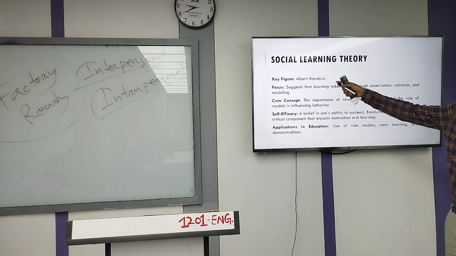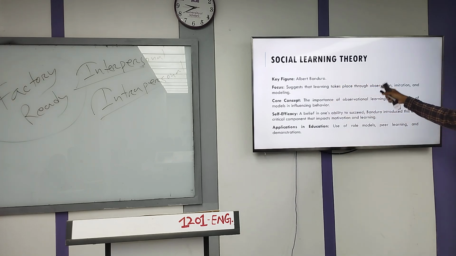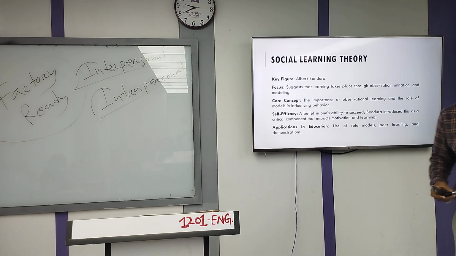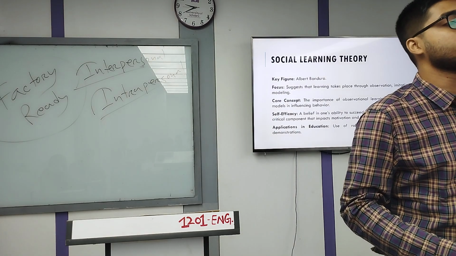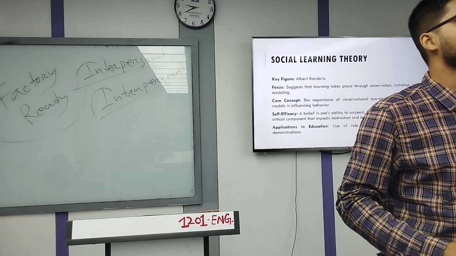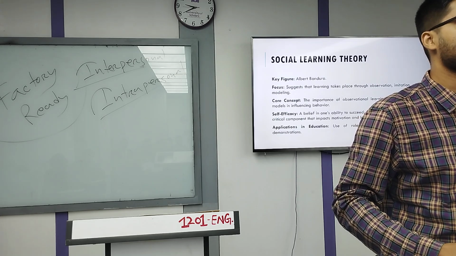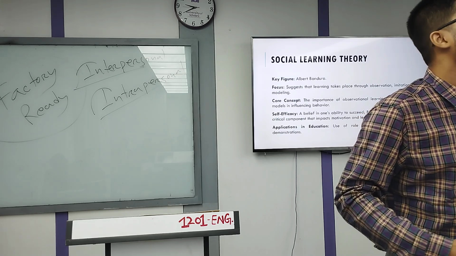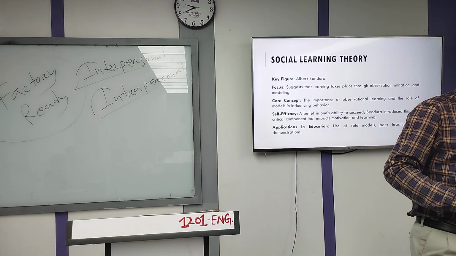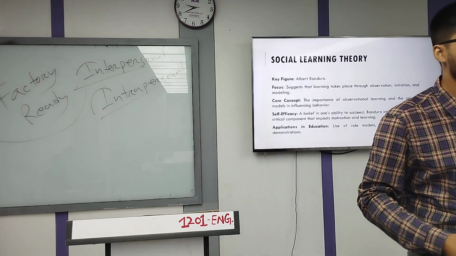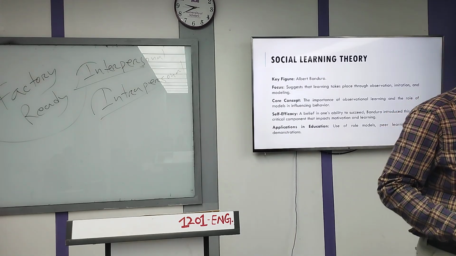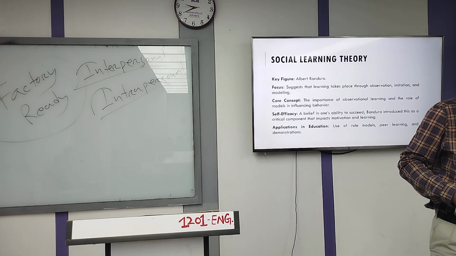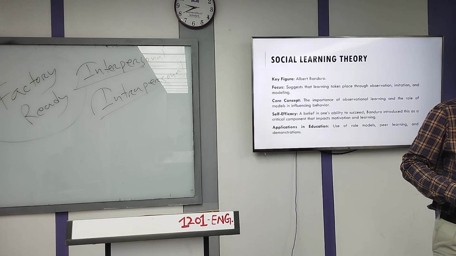Okay, the core concept of social learning theory is the importance of observational learning and the role of models in influencing behavior. So a role model is important. Whichever role model you are following will construct your behavior in that way. Let me give you an example. Some of you may know singing.